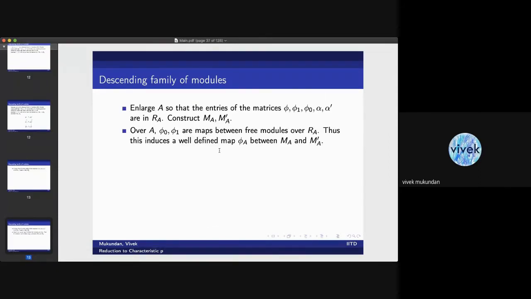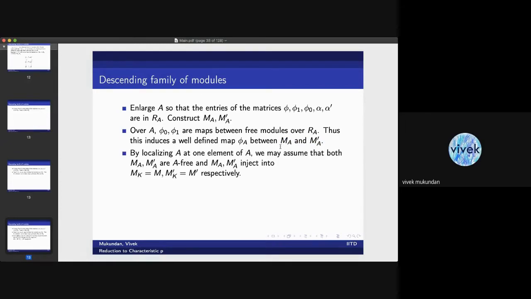Once you do that, phi_0 and phi_1 are maps between free modules over R_A. So there should be a subscript A here, that's a typo. There should be phi_0 sub A and phi_1 sub A. They are free modules over R_A that we can define. It induces a well-defined map phi between M_A and M_A prime.